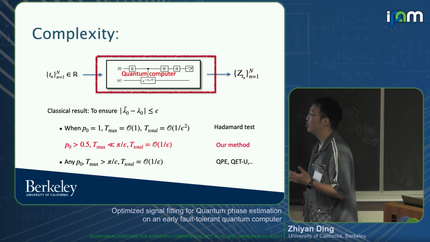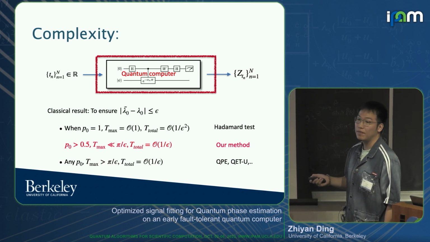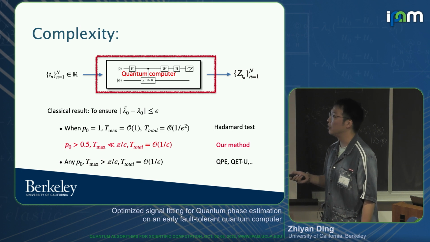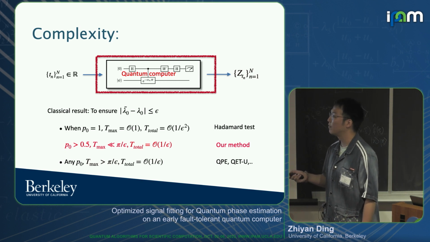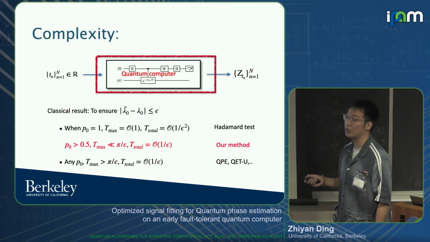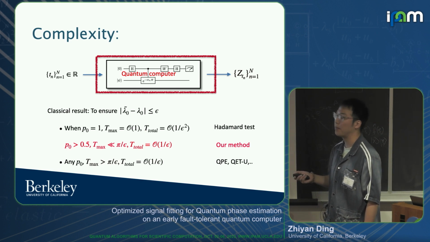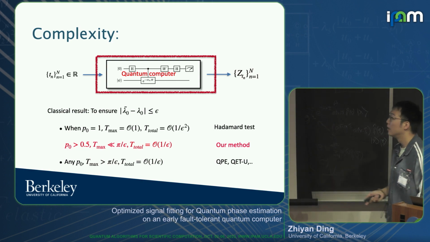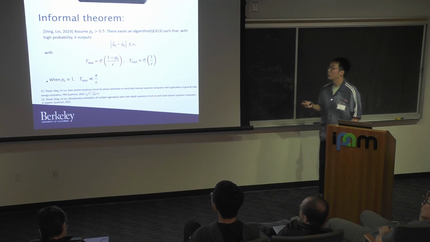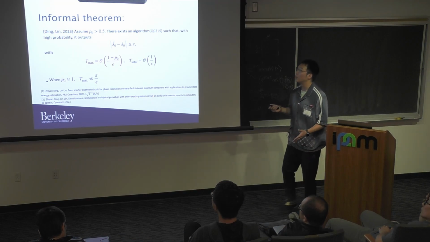Our method can achieve that if you have a relatively good initial overlap, meaning that this P0 is larger than 0.5, then we can find a method such that its Tmax is much smaller than pi over epsilon, and at the same time we still have the Heisenberg limited scaling. So let's look at the informal theorem.